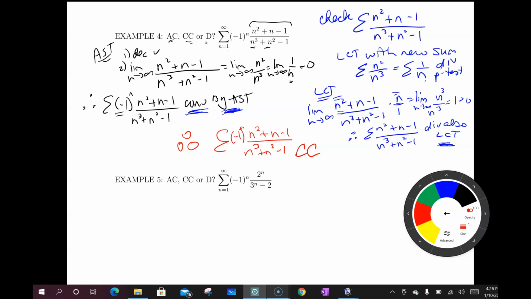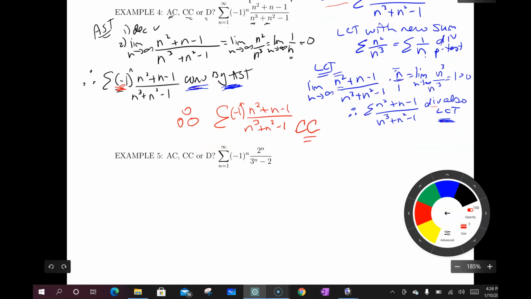This is the only way you get conditional convergence. Converge by AST for the whole thing with the negative, and when you check the absolute value, you find out it diverges by some test. Therefore, CC.